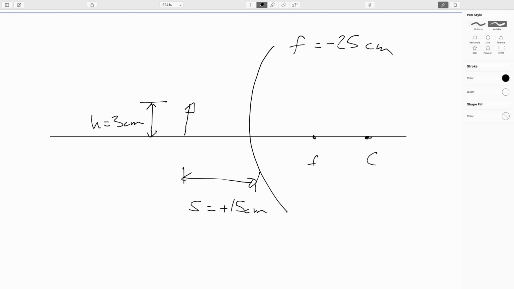You can just draw it to scale, measure it off, set up your scale, and that literally will give you the answer, and it is a totally valid way to solve it. But at the very least, even if you're not going to do a perfect job drawing these things, at least go and draw a ray diagram with the 3 special rays.